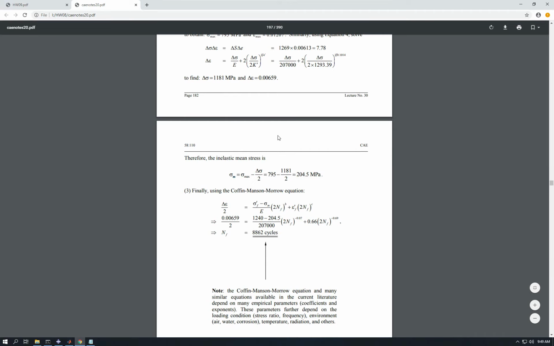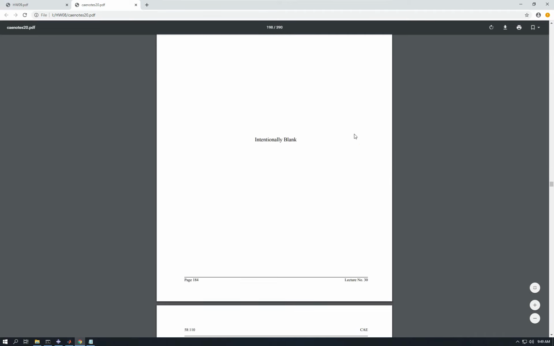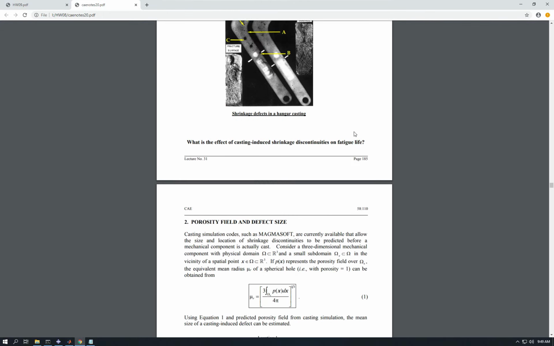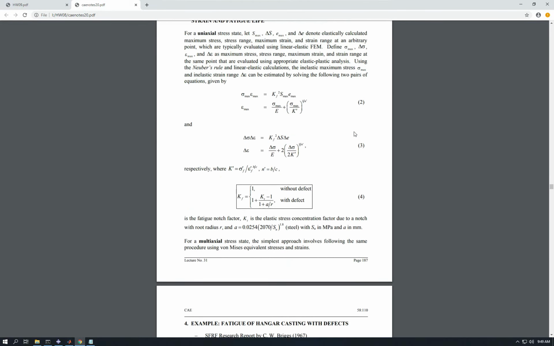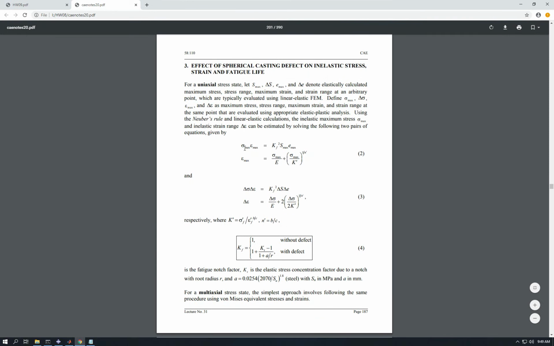What you need to do is, first, I'll come down in your lecture notes. Here it says if you have a defect, you can calculate these inelastic stress and strain based on this equation.